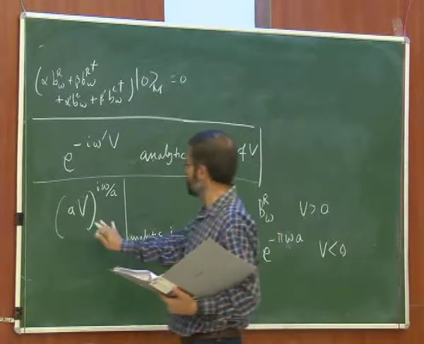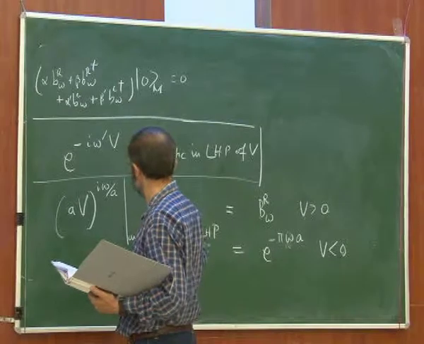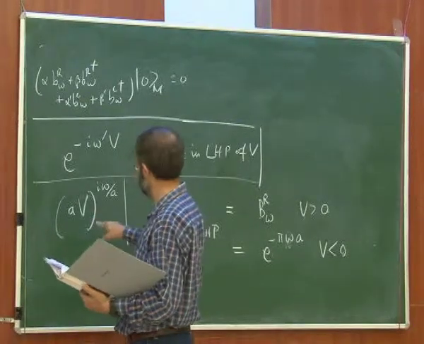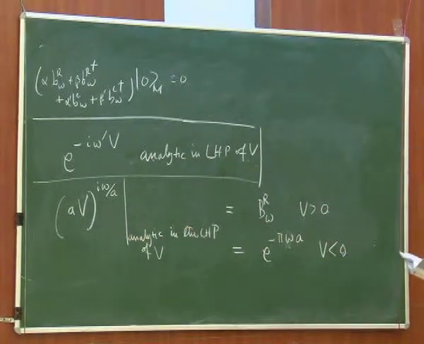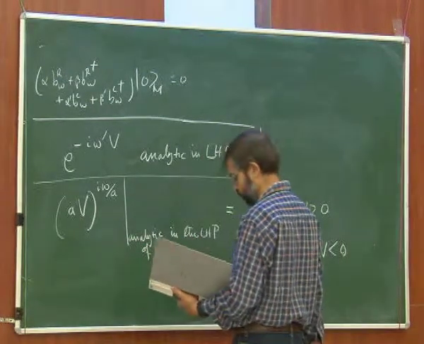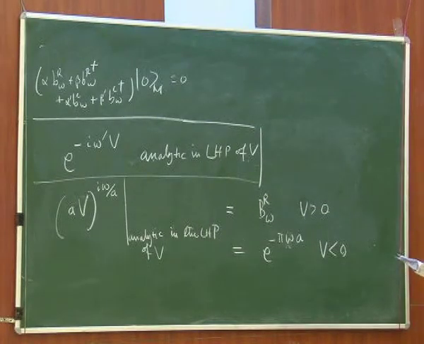So in order to make it analytic in the lower half plane, what you have to do is to rotate this guy, okay, by applying an e to the power i pi here, in order to go to the, so this is how it goes. Okay, let me leave this as an exercise.